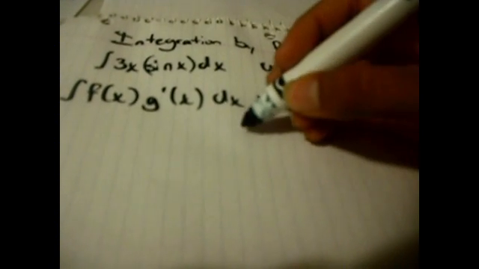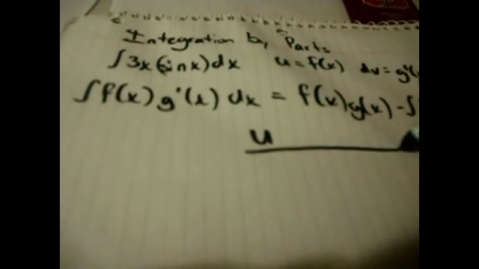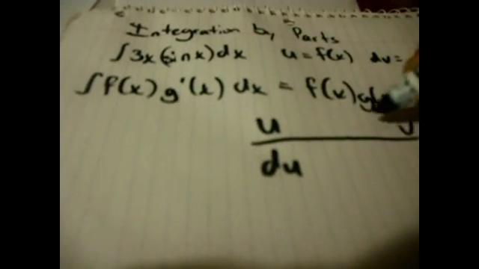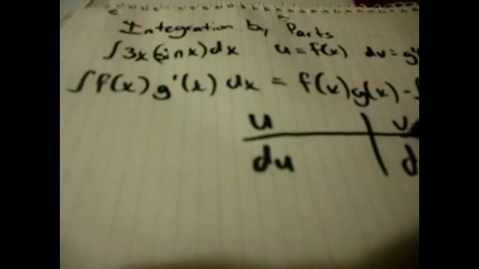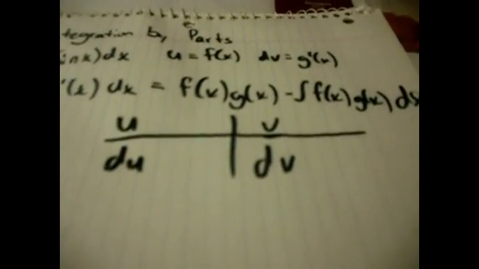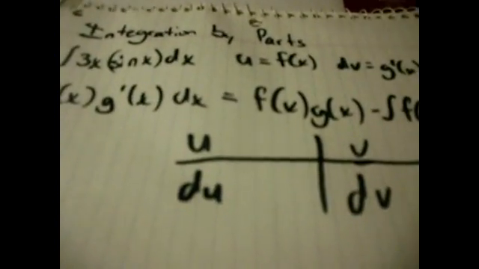And you make a chart for this: u, du, v, dv. Okay, and then now that you have your chart, you have to fill it in. So I guess we're going off of this one.